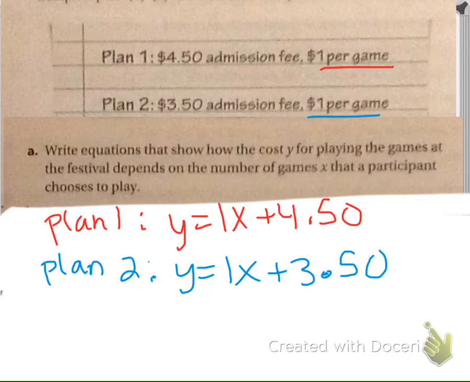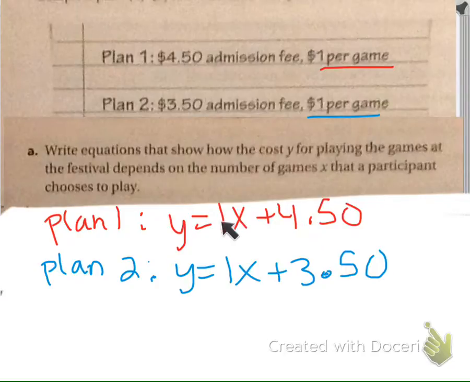Okay, so then D says, for what number of games would plan 1 be a better deal? Well, looking at the y-intercepts, if I play 1 game with plan 1, I owe $4.50 plus $1. So I owe $5.50. If I play 1 game for plan 2, I owe $4.50.